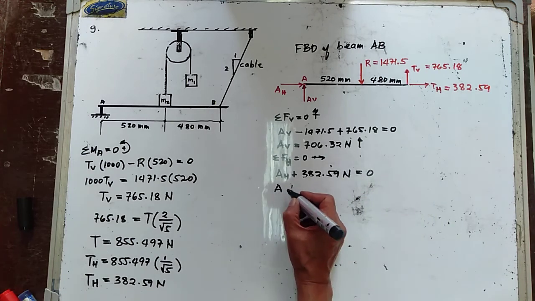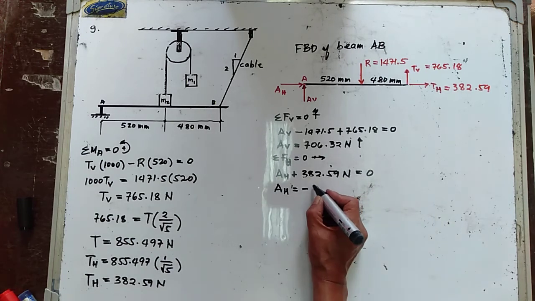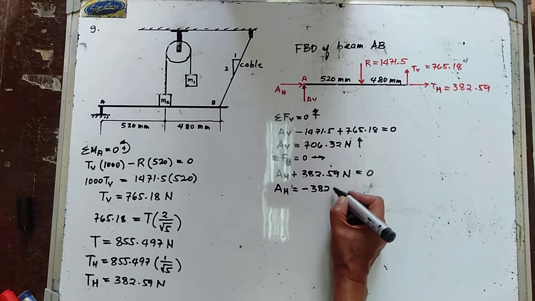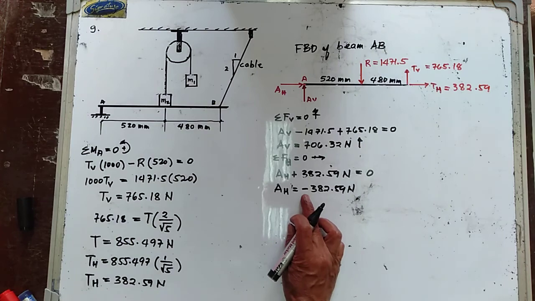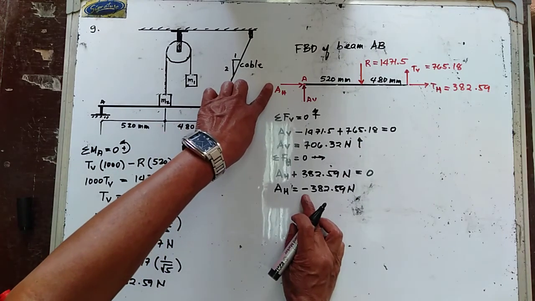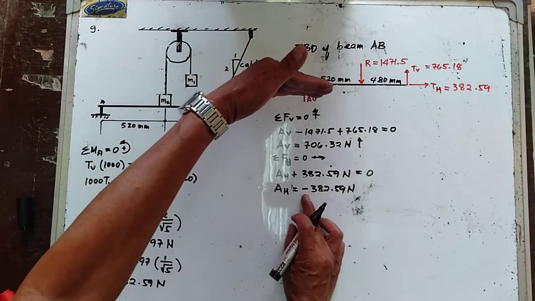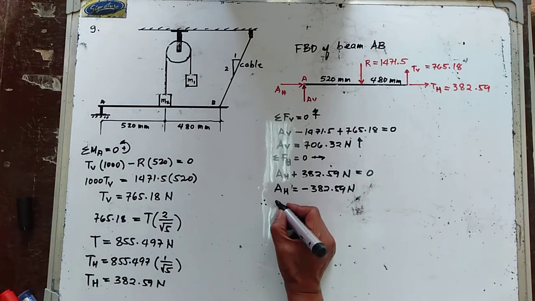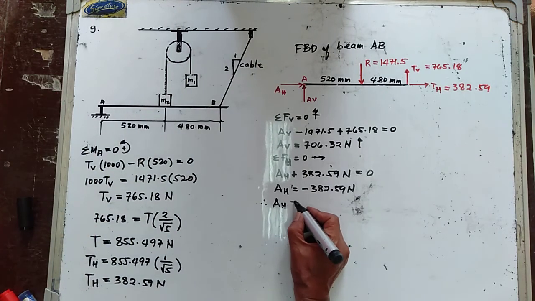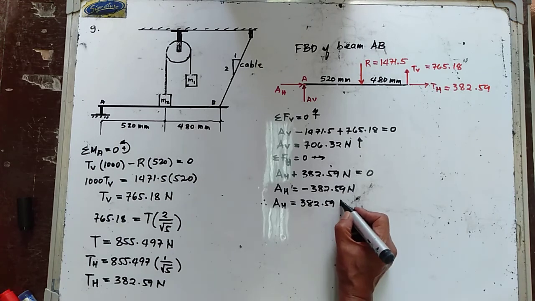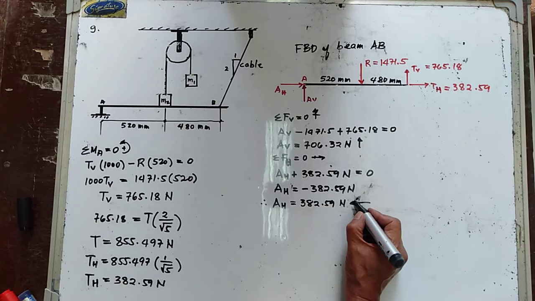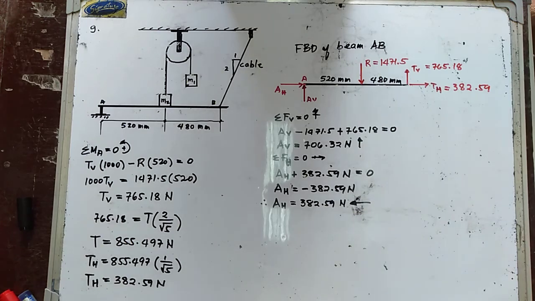So your A horizontal is equal to negative 382.59 newtons. So we get a negative value of AH, hence the assumed direction, which is going to the right, is wrong. Then your A horizontal is equal to 382.59 newtons. This will go to the left.